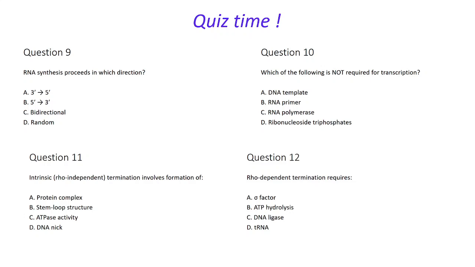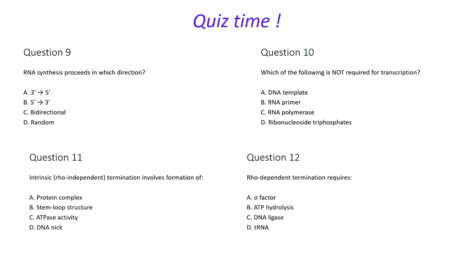Yeah, so intrinsic or rho independent termination means there has to be some complementary site that will form a loop-like structure. That's the stem loop structure, more or less like a hairpin in the newly synthesized RNA molecule, and after the loop is formed, it will terminate. So yeah, stem loop structure, which is option B.